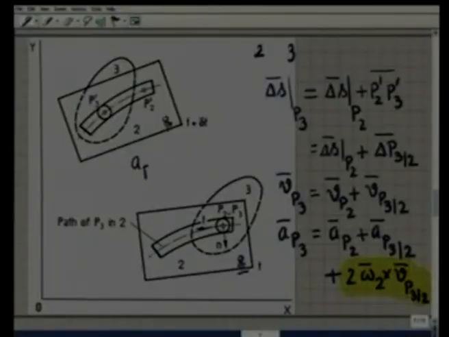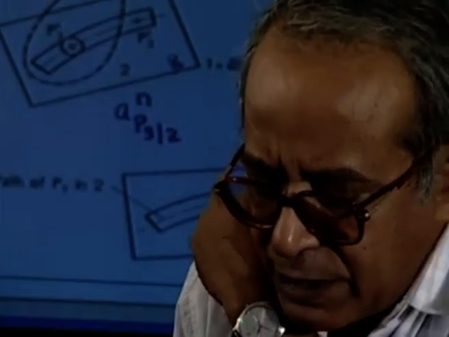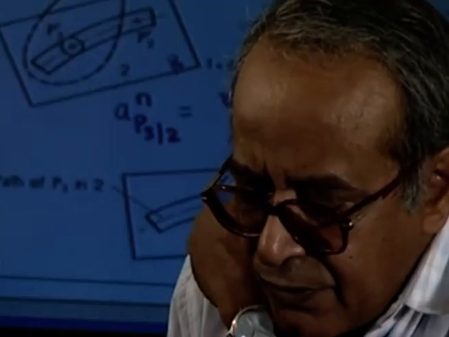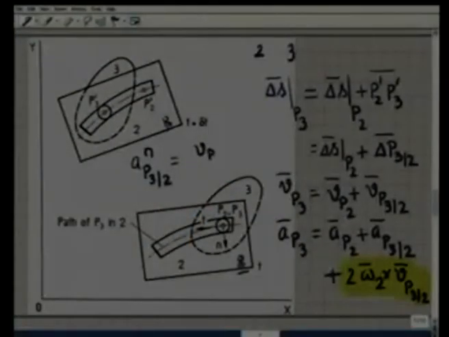If I take the normal to the path, this component is Vp32 squared divided by the radius of curvature of the path at that instant.